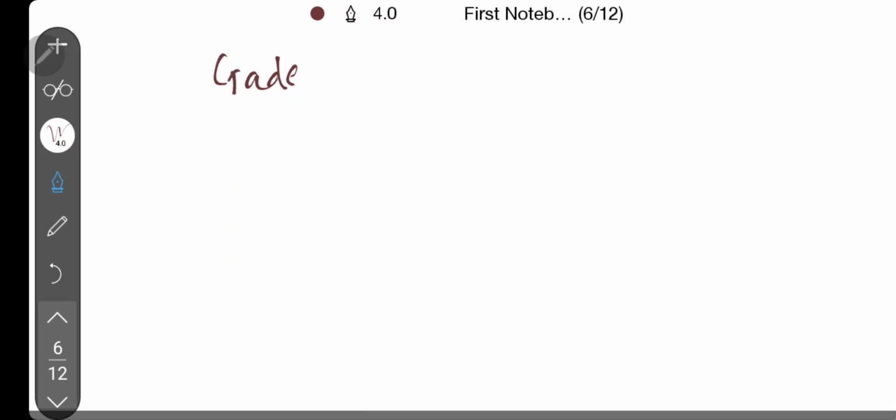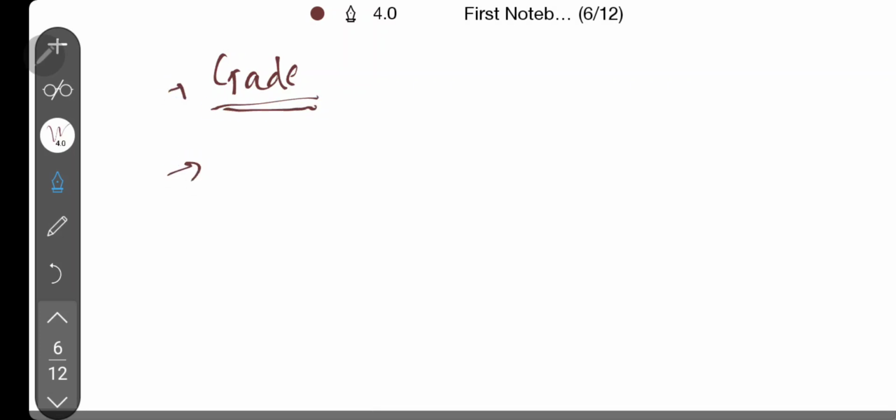There are 6 grades: 1, 2, 3, 4, 5, 6. Depending upon how easily you hear the murmur and how loud it is, we classify into grades. Grade 1 is difficult to hear even with the stethoscope in a quiet room, and grade 6 is a murmur you can hear without even the stethoscope.